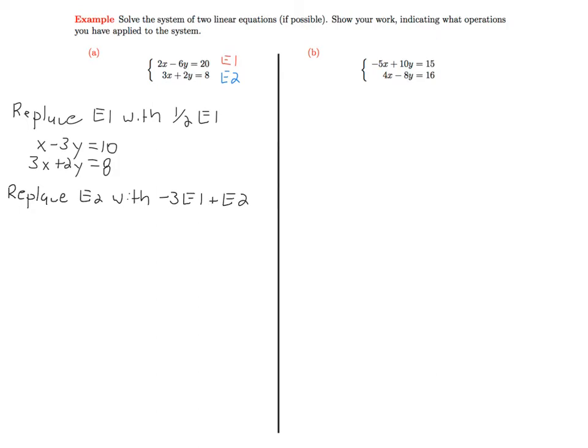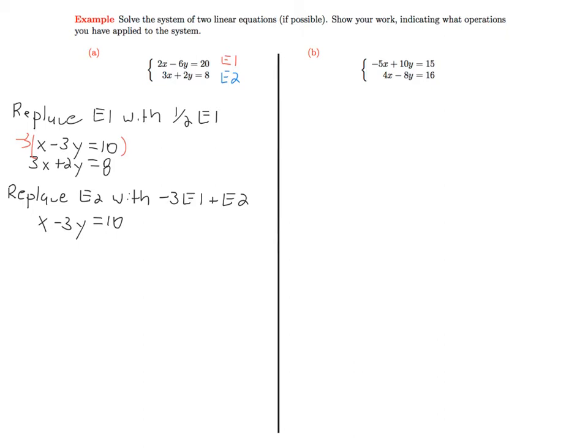And so that minus 3 times E1, when I add it to E2, is going to cancel the x in the second equation. So this time we're not doing anything to E1, so that stays the same. And now E2 I'm going to get by taking minus 3 times E1 and adding it to E2.